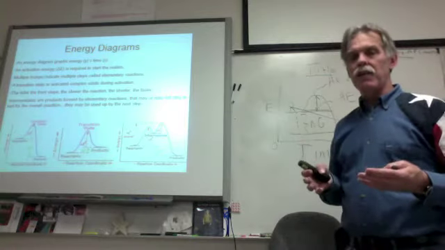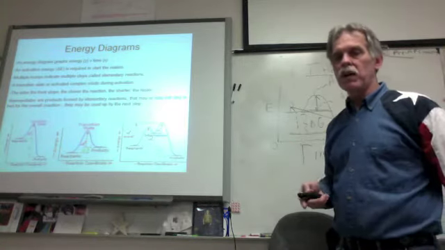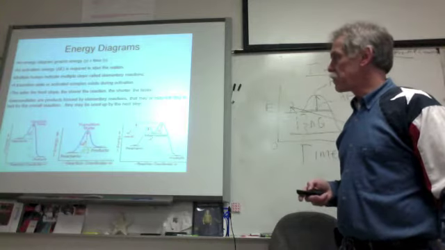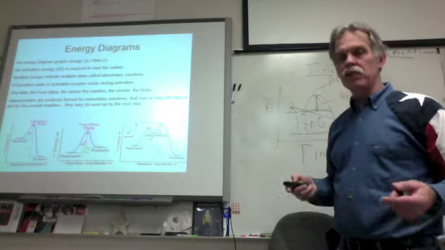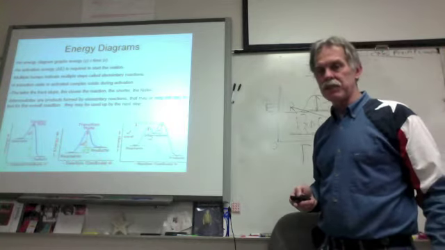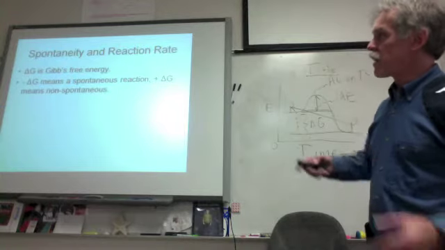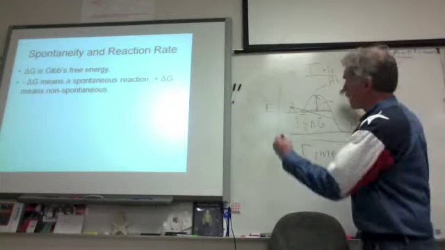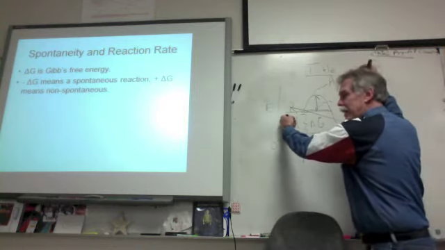So you get the idea there that the slow reaction is the one that more determines the rate than the fast one. Look at the height and look at the number of humps. This tells you some things about a complex reaction, and we'll talk about those later. Spontaneity and reaction rate, like we said, a positive gives energy where we start low and go high.